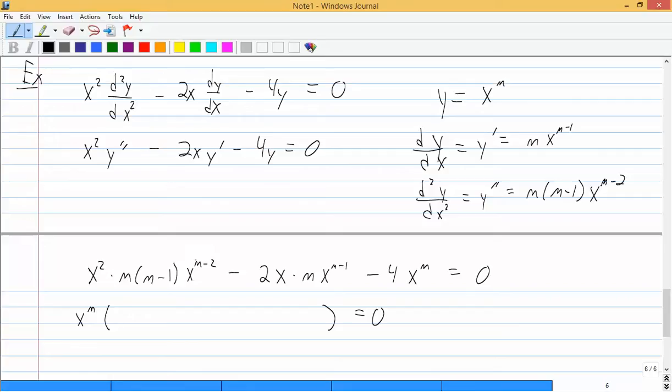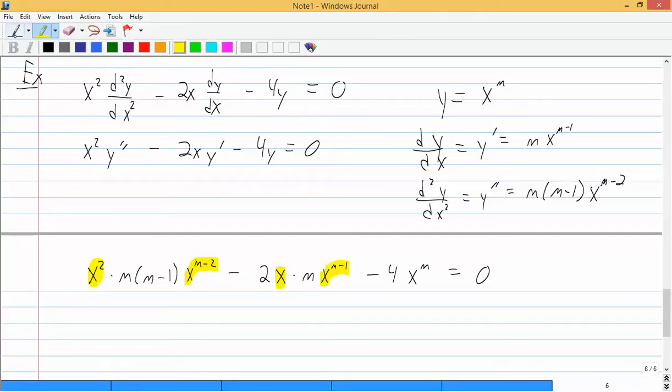Now, how about this? How about before we factor out an x to the m? So let me go back a little bit. We're still going to use that, but before we factor out an x to the m, let's see if we can multiply any bases with different powers. What am I talking about? Can we multiply x squared times x to the m minus 2? Can we multiply x times x to the m minus 1?